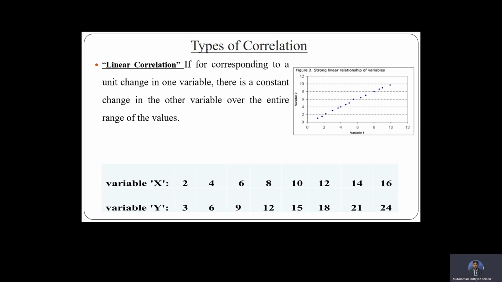So if you understand this theory, you can write. You can see there is a constant change in one and also a constant change in another. So this type of variable is called linear correlation. This is clear. Change will be constant, that's all. Like you see here 2, 4, 6, 8, 3, 6. This is a perfect example for linear.